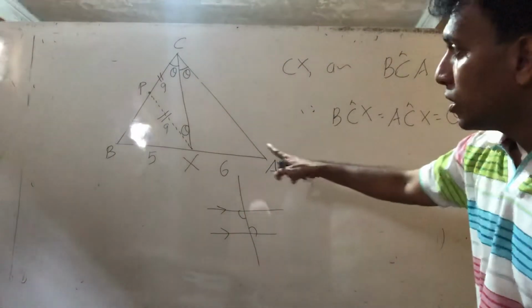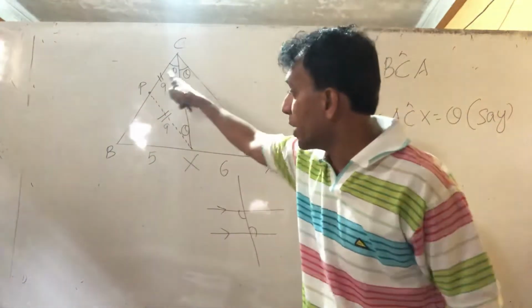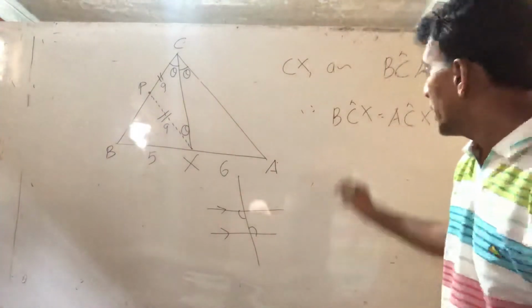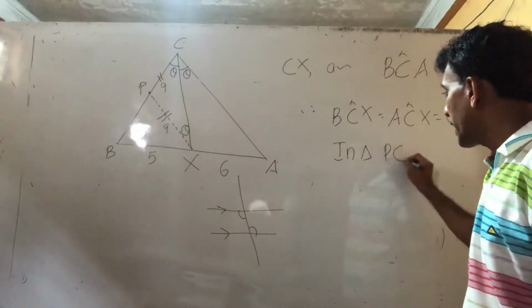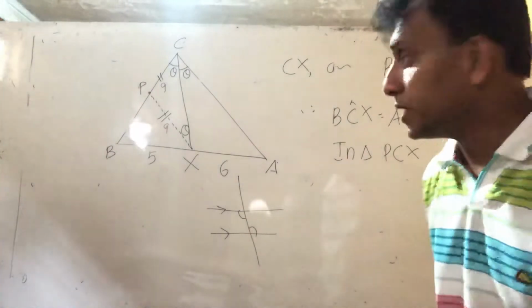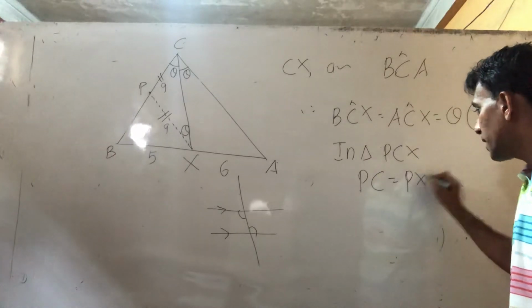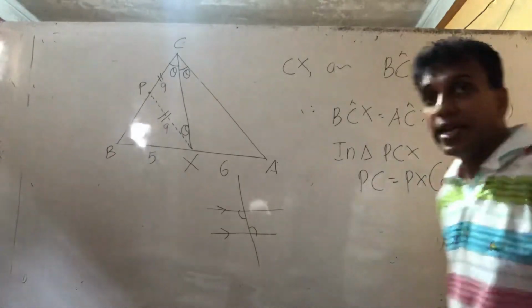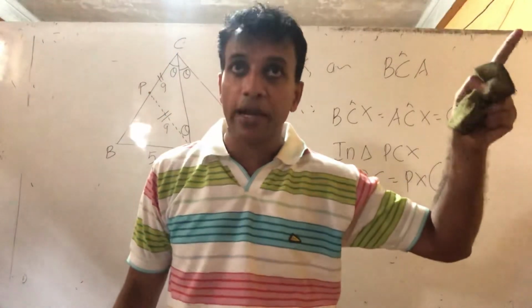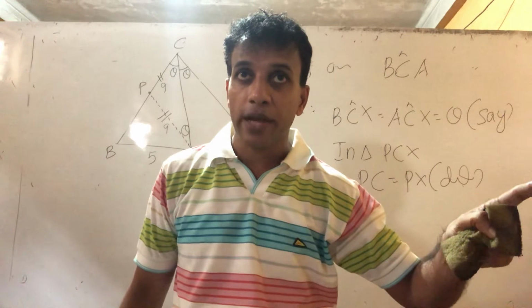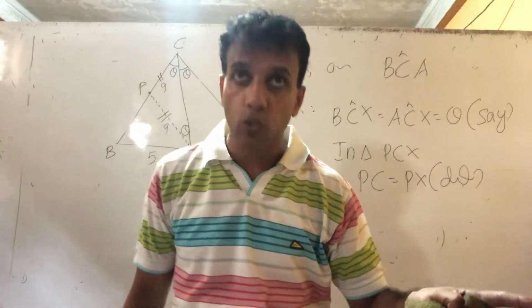Now another piece of data, in triangle PCX. Write: in triangle PCX, PC equals PX, data. Recollect your grade 10 maths on the isosceles triangle: if two sides are equal, opposite angles are equal, right?